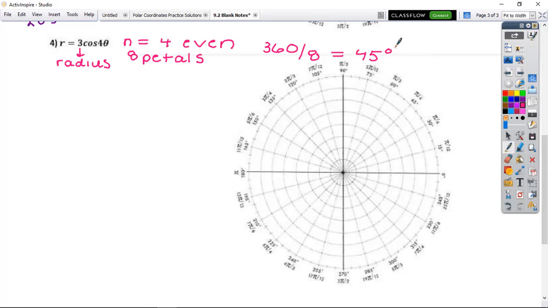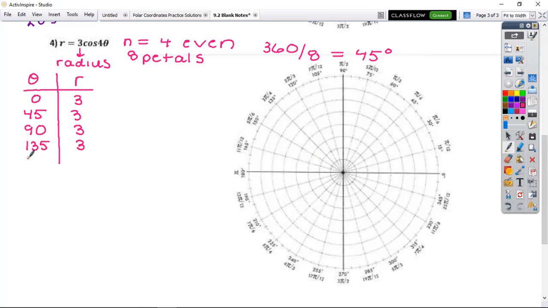Okay, so now you're going to just make a lot more values. I'm going to go theta, and I'm going to go r. I'm not going to go back to the calculator. I think you guys have a pretty good grasp on that, right? So 0, I got 3. I have 45 and 3. I have 90 and 3. Followed by 135 and 3.